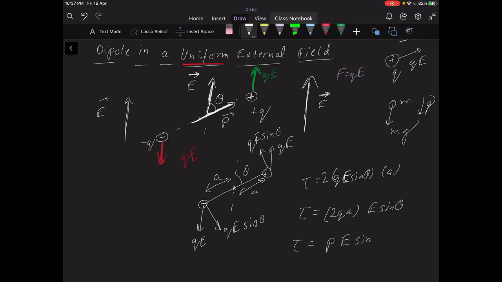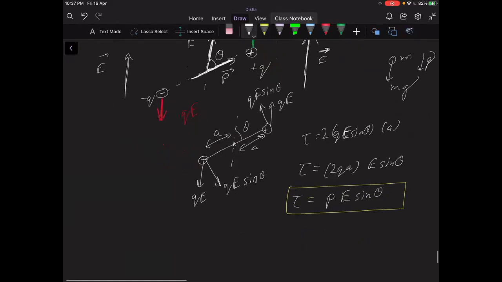So it is PE sine theta, but I can also write it as torque vector is equal to P cross E. Because A cross B is AB sine theta, P cross E is PE sine theta. By that logic. Okay, I'll give you a simple question on this, then I'll switch to something else.